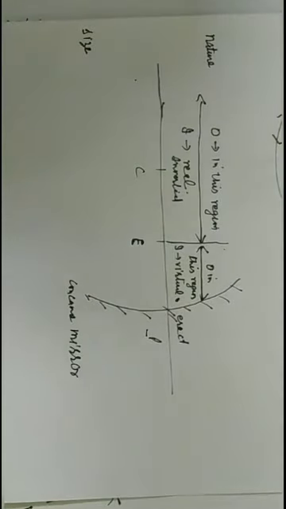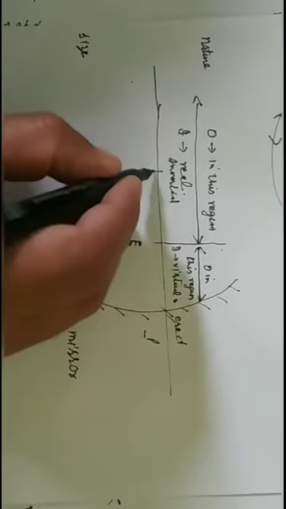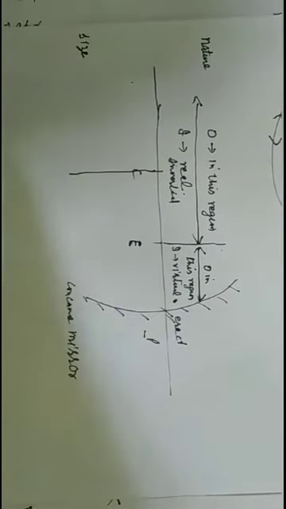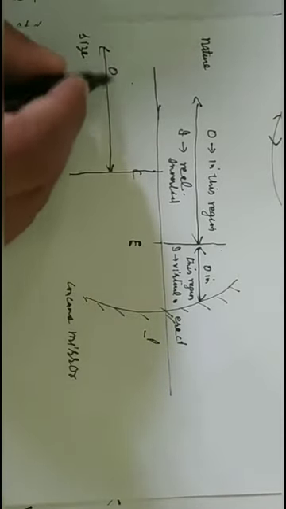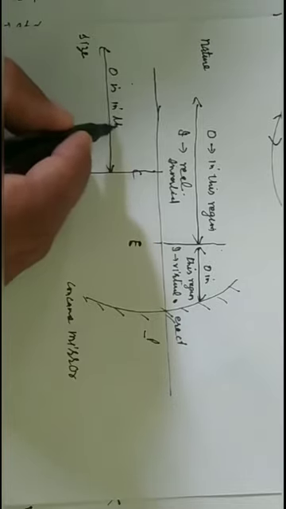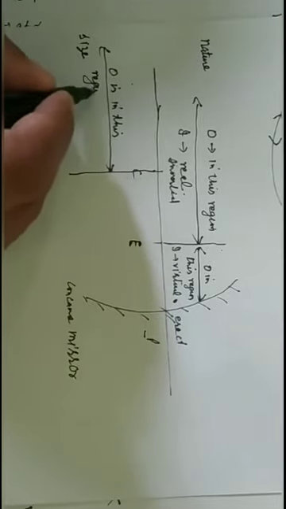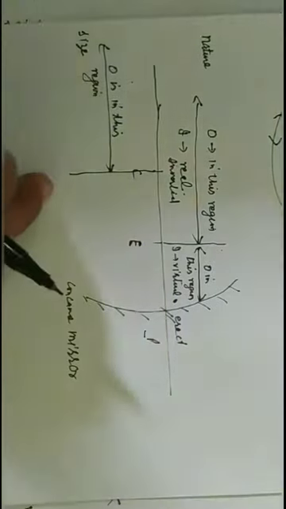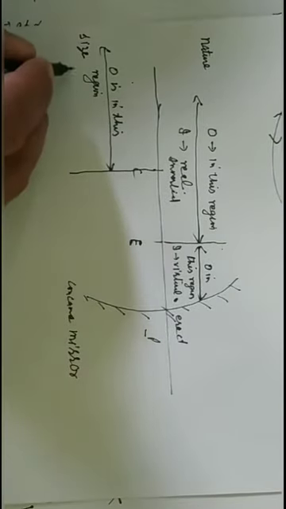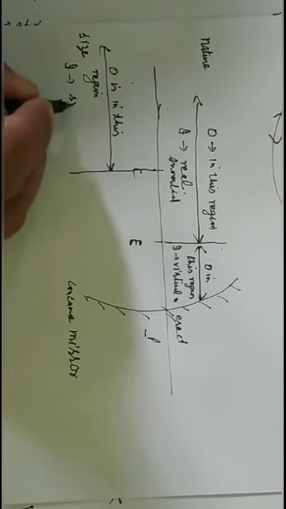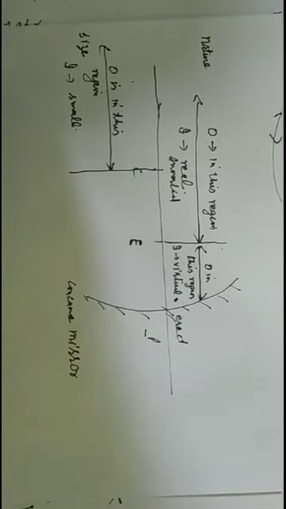Now let us talk about the size. Here C is a turning point. If you place your object in this region, means from infinity to away from C, then the image will always be small in size.